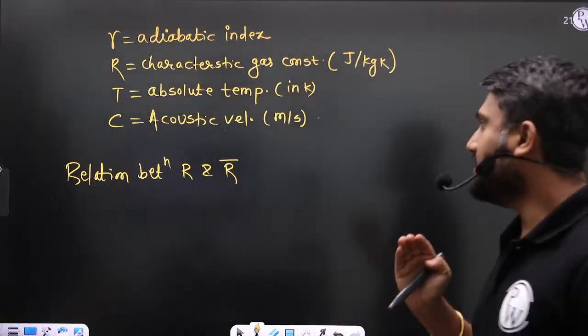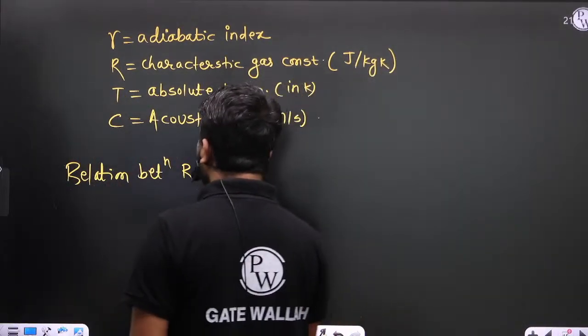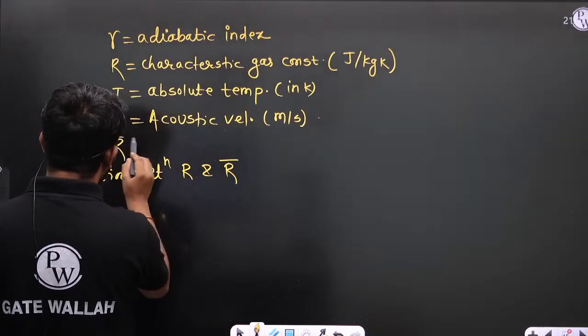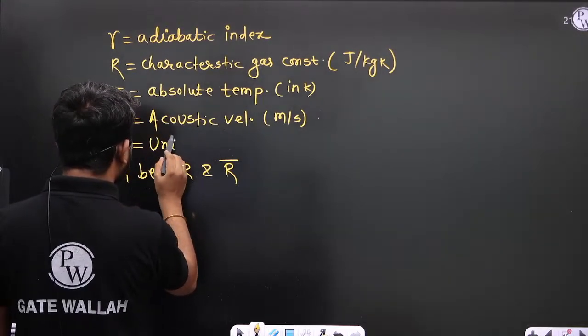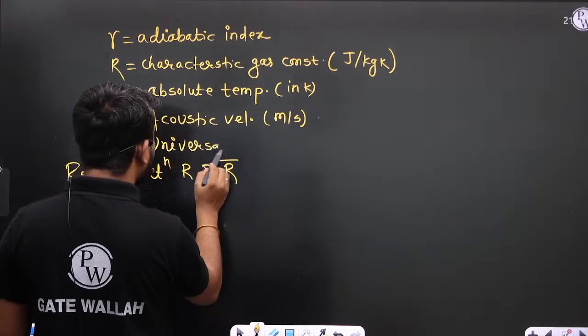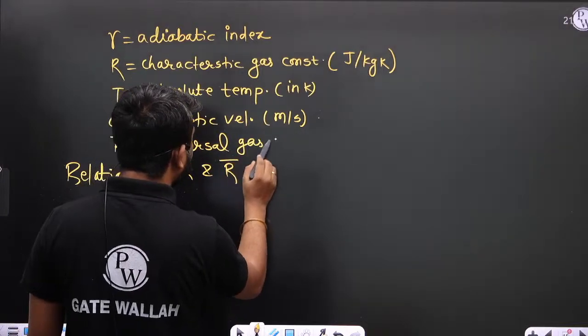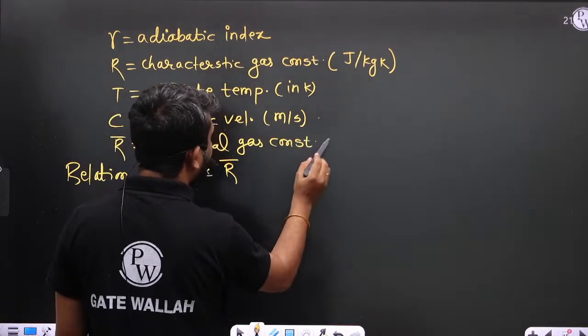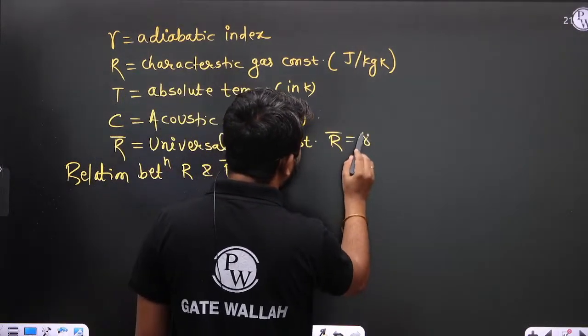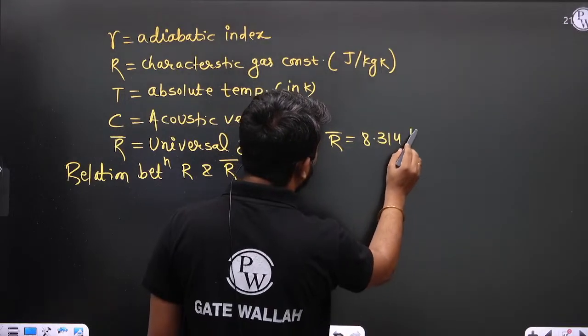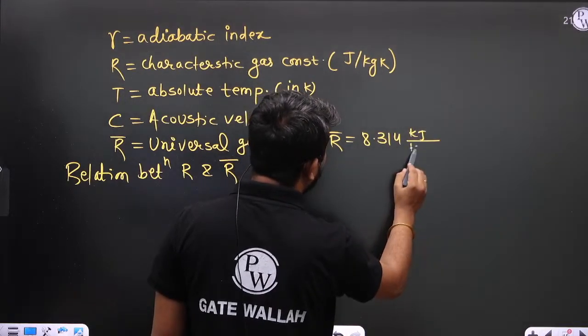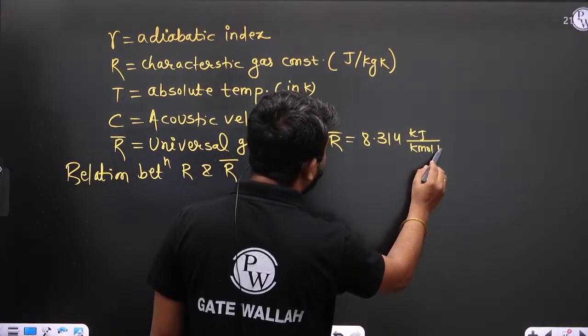That R bar is the universal gas constant, and that R bar is 8.314 kilojoule per kilomole Kelvin.